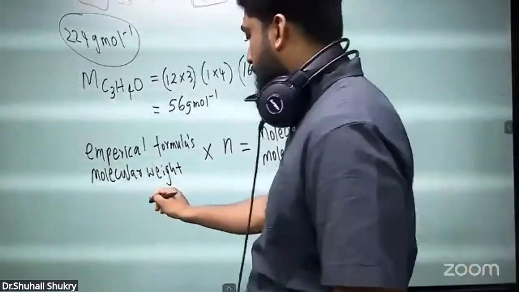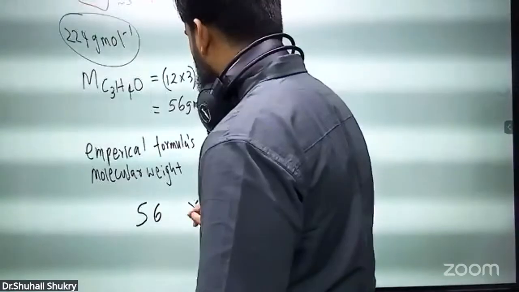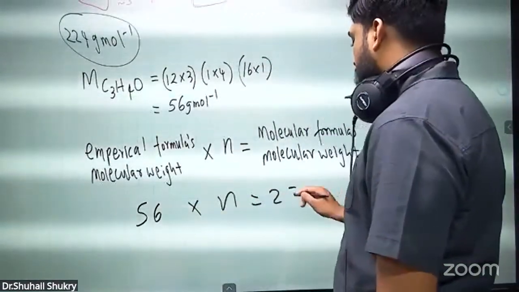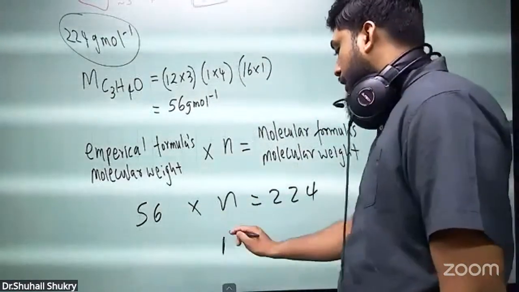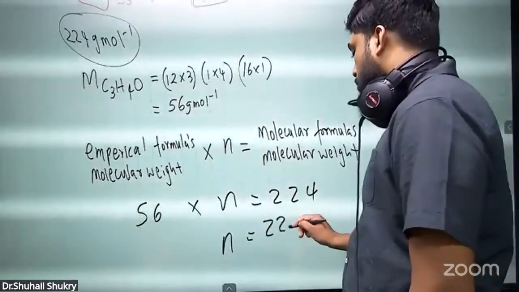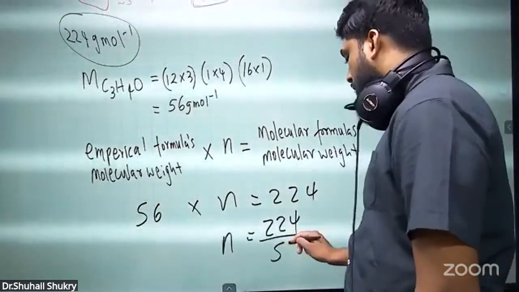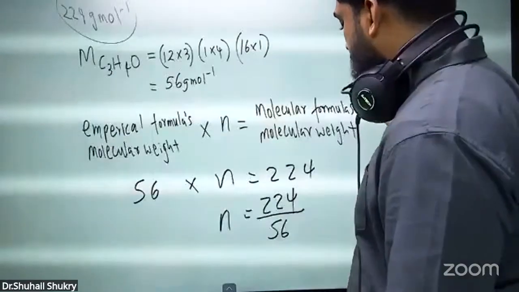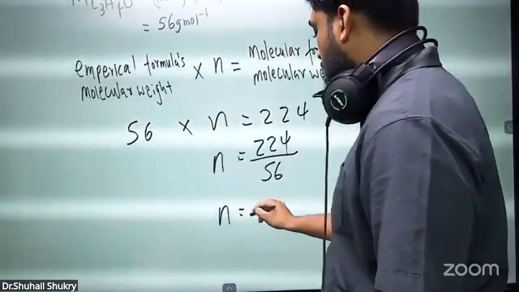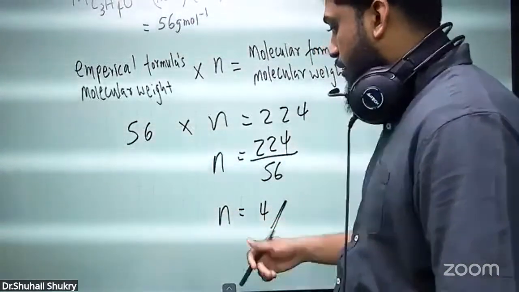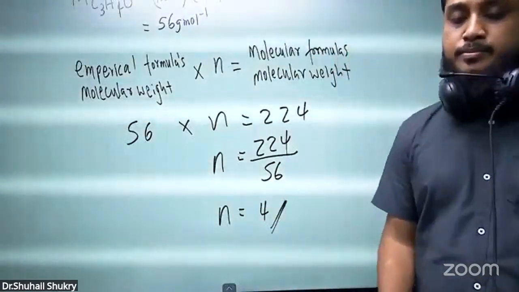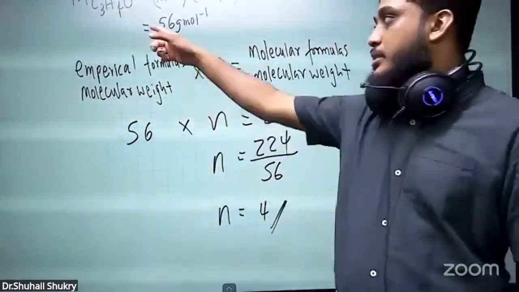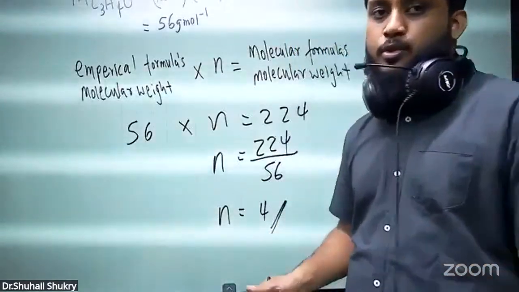56 times how much is 224? Then you have to find N. N is 224 divided by 56, so N equals 4. So N is 4, which means there are 4 times C3H4O in the real formula.